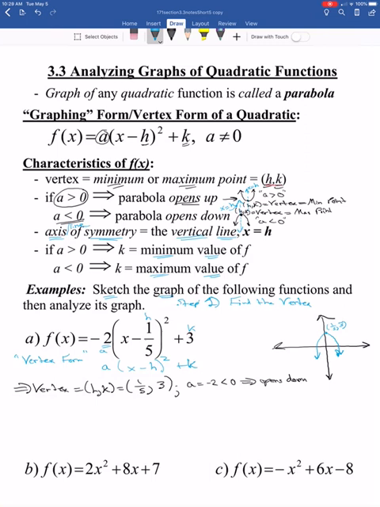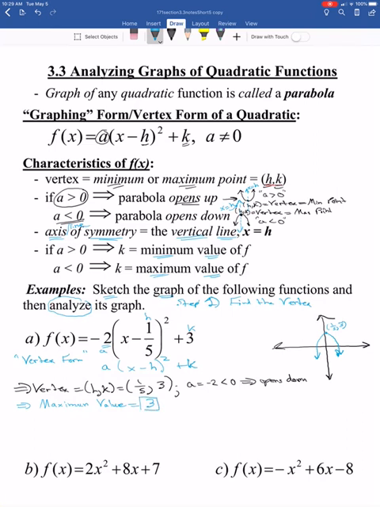Now, as far as analyzing the graph, let's talk about all the different characteristics that this graph produces. Since we have the vertex, let's go to our next characteristic: does it have a minimum or a maximum value? Well, since we have a maximum point, the maximum value is 3.